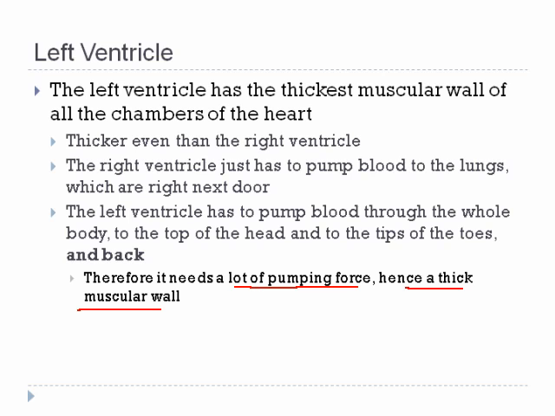So if the left side received from the lungs, the right side must have received from the body and sent the blood to the lungs. So this was what helped me try to remember that pattern of blood flow through the heart. Remembering that left ventricle was the side that had that thick muscular wall because of the systemic circulation helped me to piece out all of the other pieces.